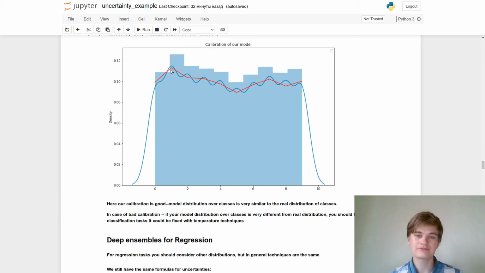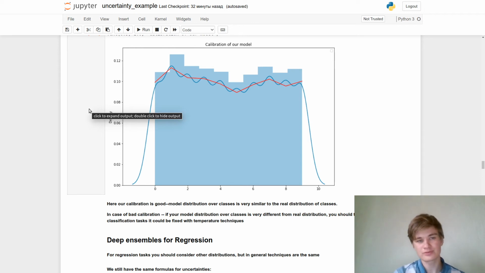And if these two distributions, the real distribution over classes in your dataset and the distribution given by your model, are different, then you should calibrate your model to make them closer, because it is not very good for your model and your quality if these distributions are very different.